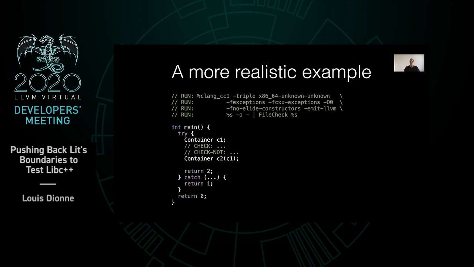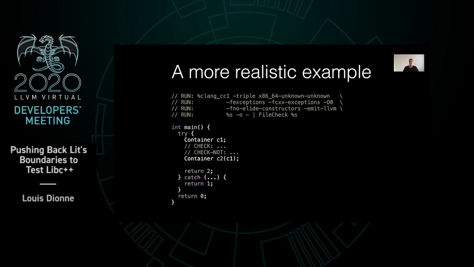But if you concentrate on the first part, basically the interesting bit here is that we're really running the just built Clang with these options, and we're passing the current file as an input to Clang itself. But because the run lines are commented out, Clang is just going to ignore those and then compile the file. So it's a really nice and really terse way of running tests, really.